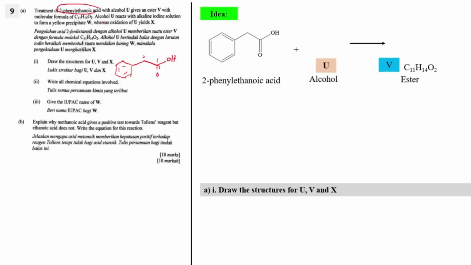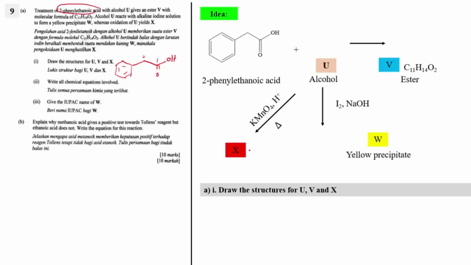It also stated that alcohol U reacts with alkaline iodine solution, which is I2 in NaOH, and this is going to give a yellow precipitate W. Then the oxidation of U will yield product X. For oxidation, we're going to use an oxidizing agent, for example KMnO4, H+ with heat, in order to produce product X. So we need to determine the structures of U, V, and X.